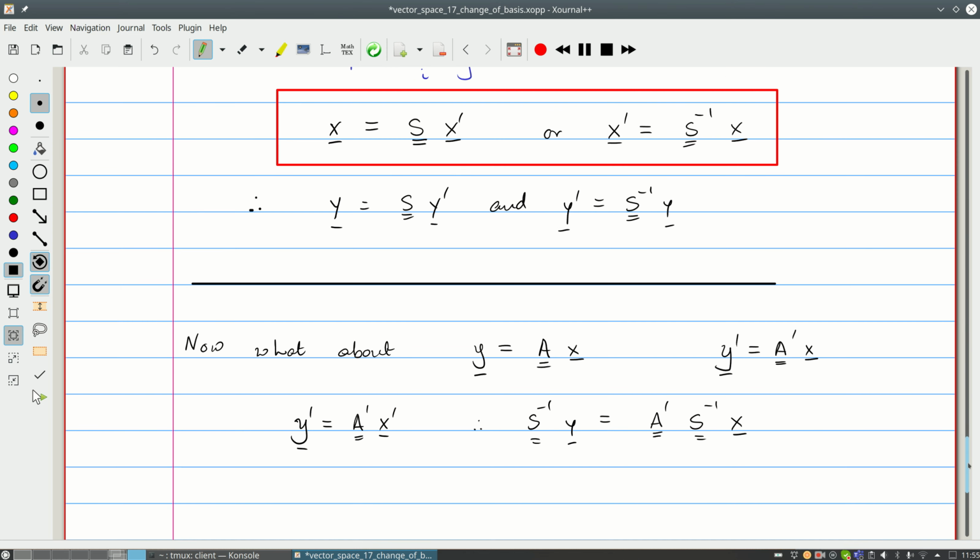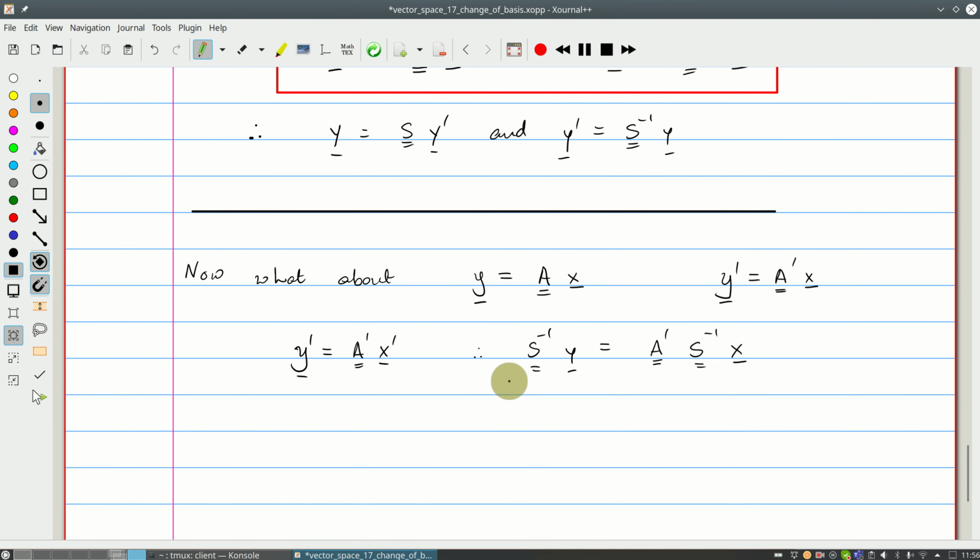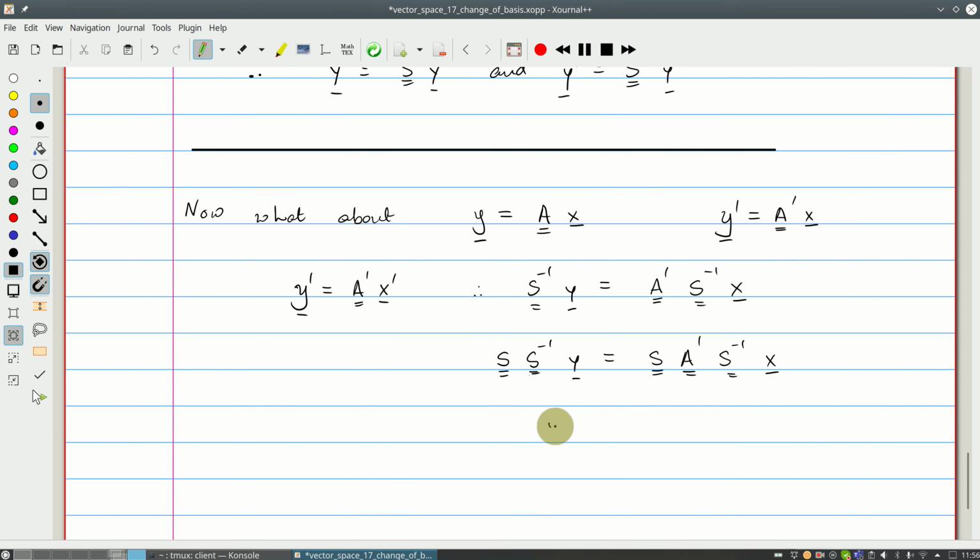Alright, now let's multiply by S on both sides from the left. So we have S times S inverse y is equal to S times A prime S inverse x. Now we know that S times S inverse is the identity, so what we get then is that the column vector y is equal to S A prime S inverse x.